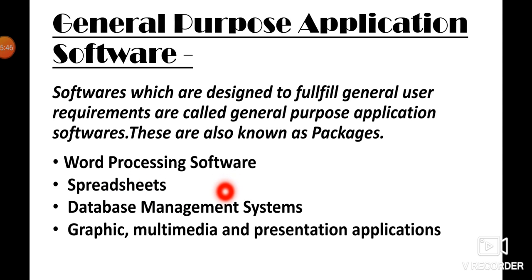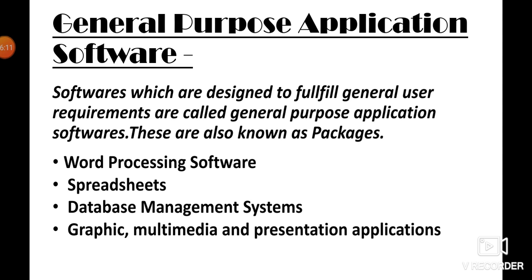Here you need to understand the meaning of word processing software. These are software used for creating documents. If you remember, you all have worked on MS Word. MS Word is a kind of word processing software using which we can make documents, type letters, and make reports.